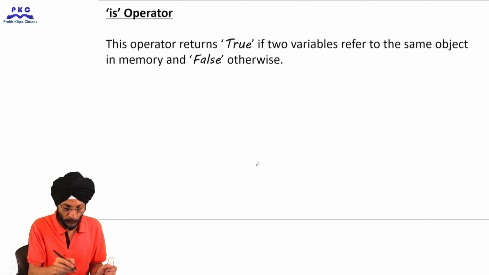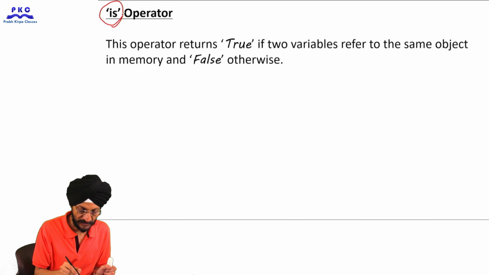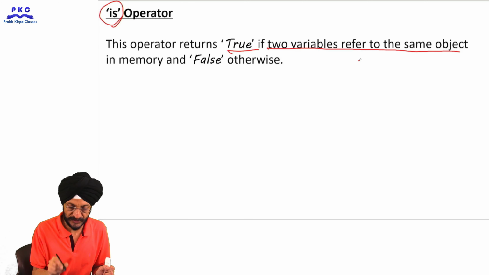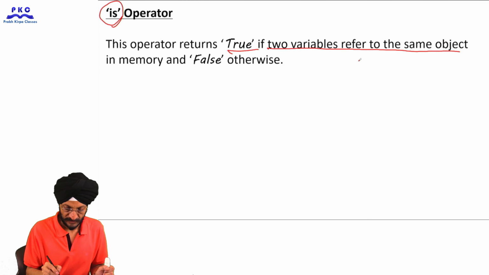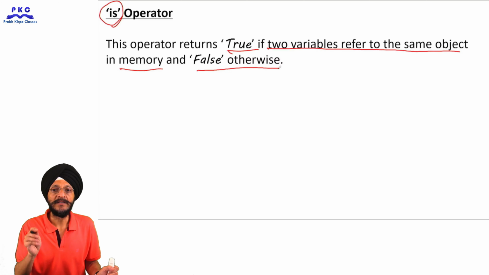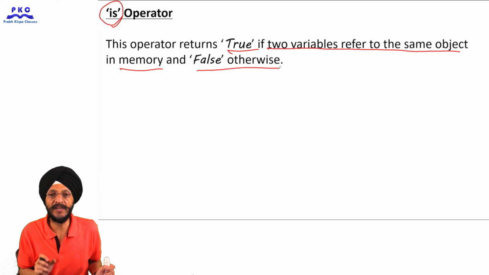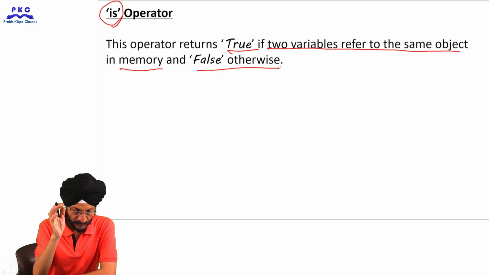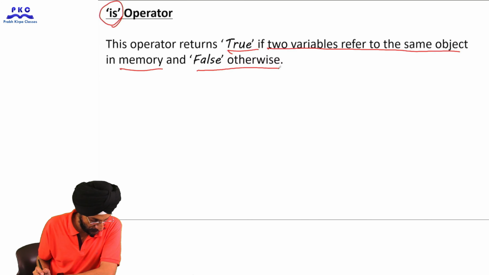The is operator returns true if the two variables refer to the same object in memory, and this operator gives the output false if the two variables do not refer to the same object in memory. We understand the same with the help of an example.